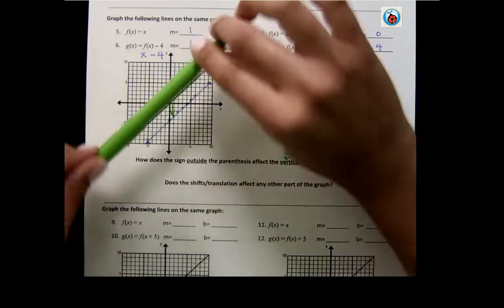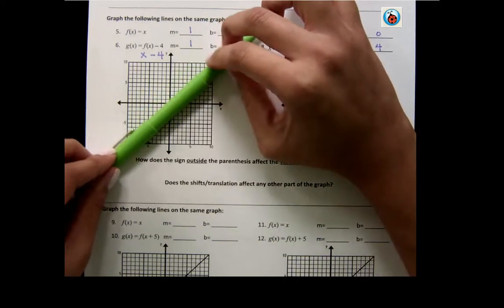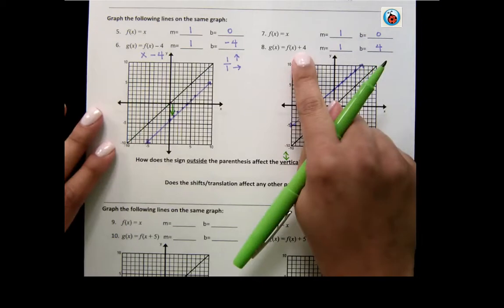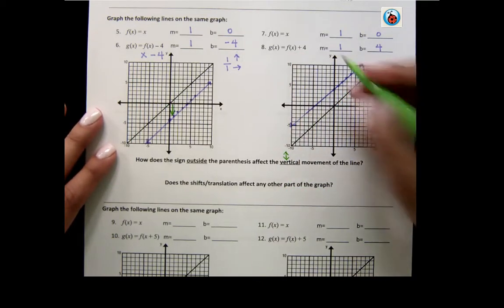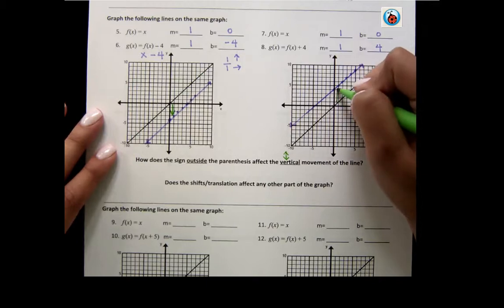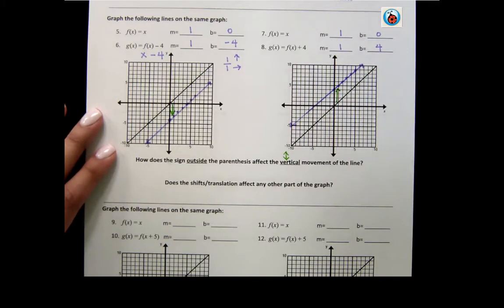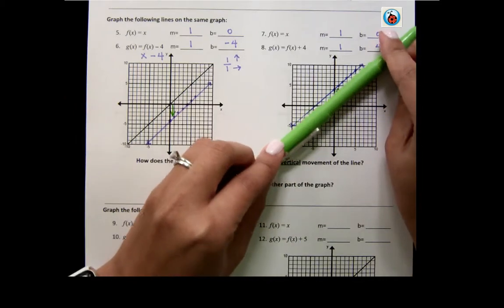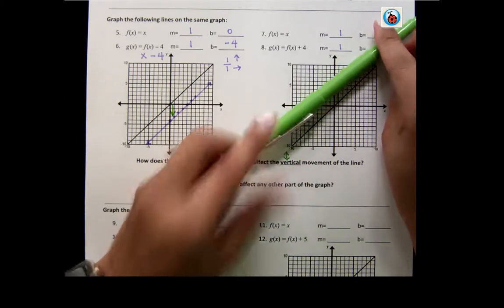So it's like if I just took my line and shifted it down. Up here we had +4. So if this was my original line, it moved up. So again, it's like if I have this line and I just shift it up.